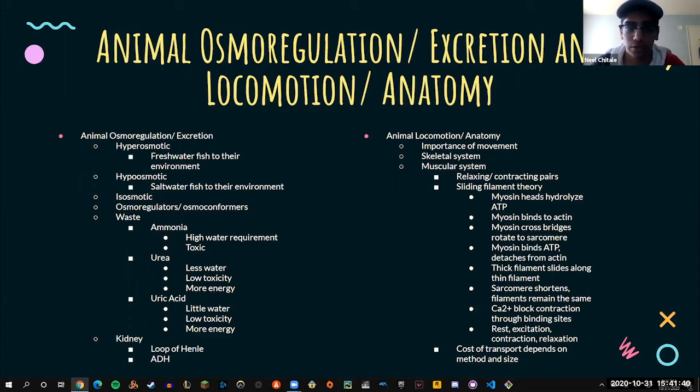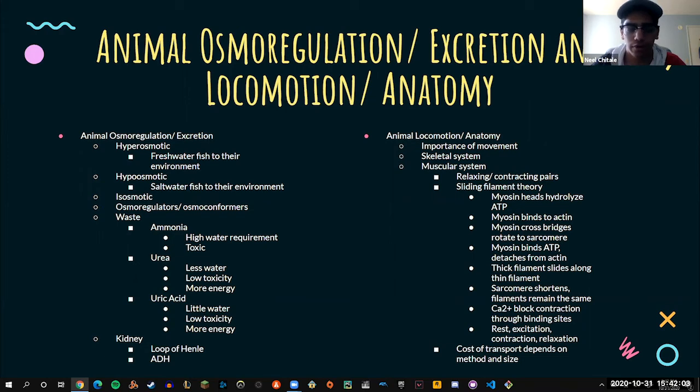osmoregulation, similar to thermoregulation, you have two types of organisms. Organisms who are osmoregulators, who have an active function and process that helps them maintain the water levels that they need in their bodies and helps them not lose water or nutrients to their environment.